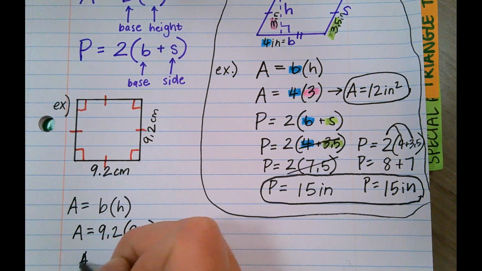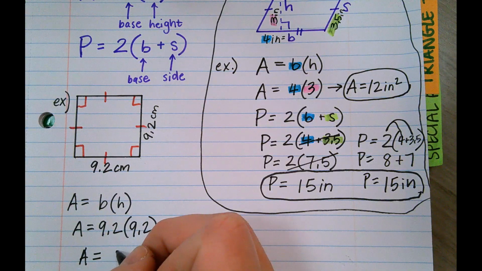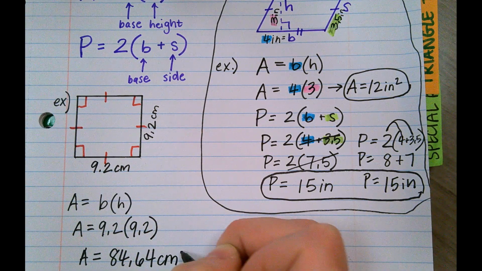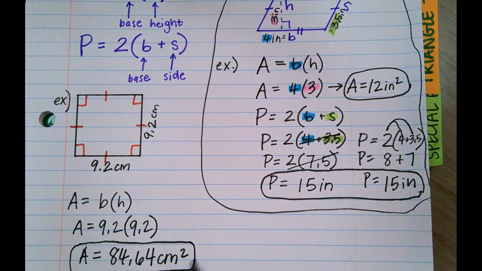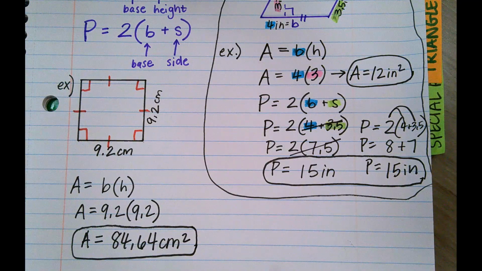And what would our area be? 84.64 centimeters squared. You're exactly right. Very nice. So I found my area. How do I find perimeter?